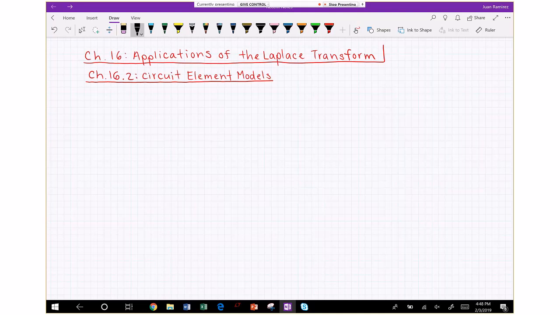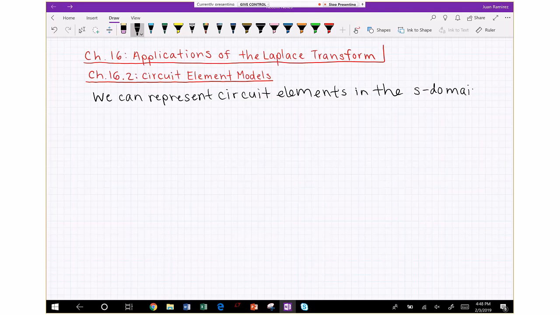So we can represent circuit elements in the S domain for circuit analysis using Laplace transforms.